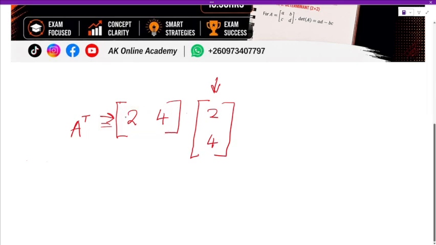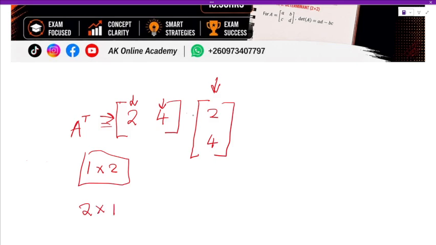And how many columns? We have 1 and 2. So it is a 1 by 2. The transpose of this matrix should be the opposite order, meaning it's supposed to be a 2 by 1. And you can see we have 2 rows and 1 column. So that is how you can tell that I've done the right thing.